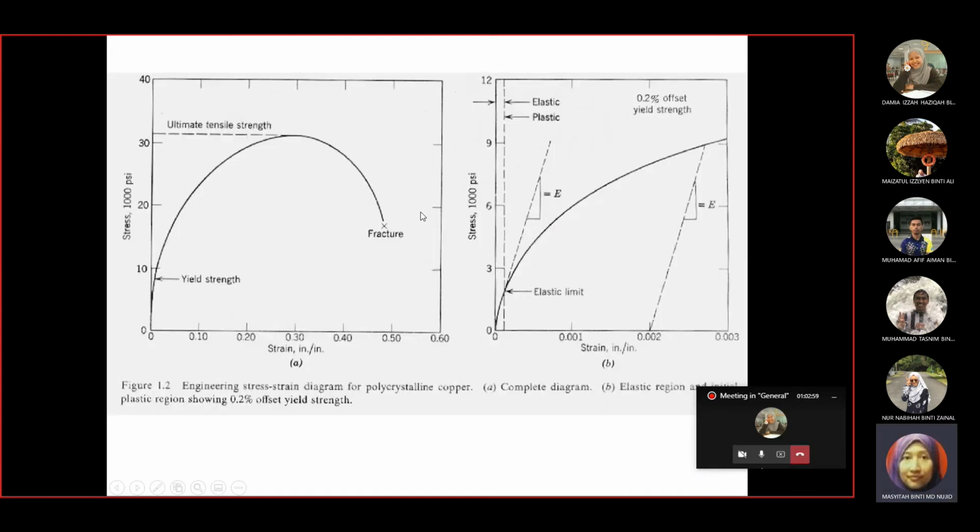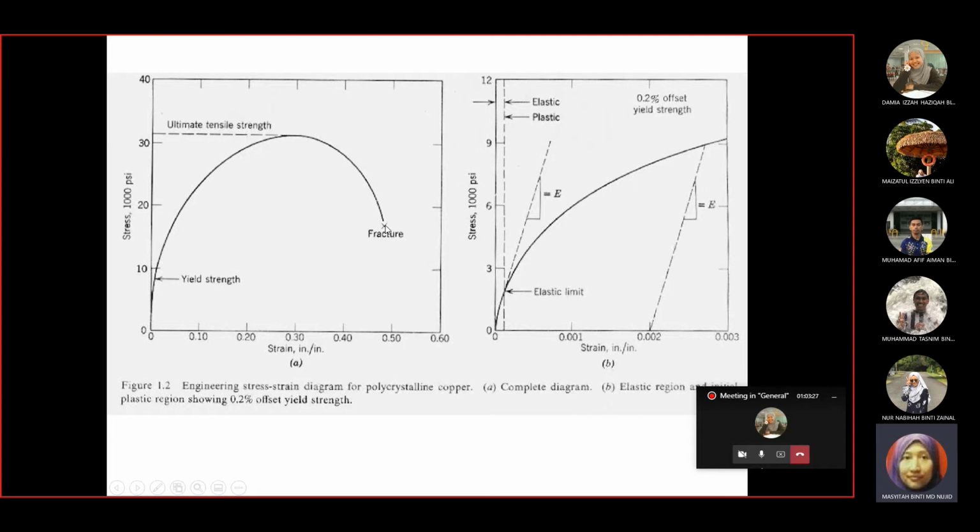Okay, these are another diagram ataupun stress strain pattern showing you the behavior of the copper. A adalah complete diagram, B is elastic region. Dekat sini adalah macam mana kita nak identify which is the yield strength zone. Kat mana adalah fracture zone.